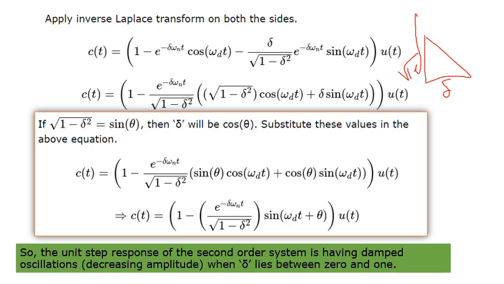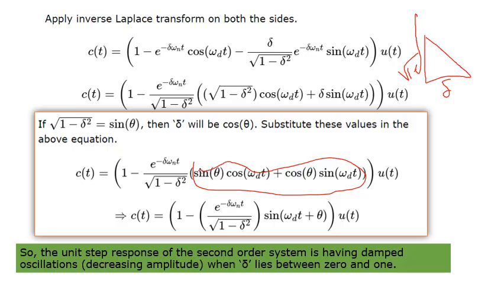Okay, so now this could be simplified, since sin A cos B plus cos A sin B is sin A plus B. So I write it as sin of A plus B. My output expression c of t will be equal to 1 minus e power minus zeta omega nt divided by square root of 1 minus zeta square sin of omega dt plus theta into u of t.